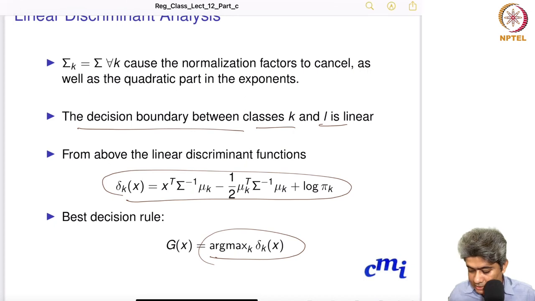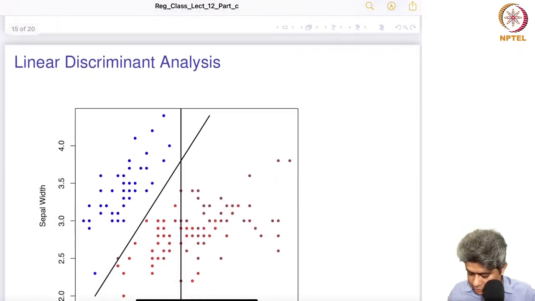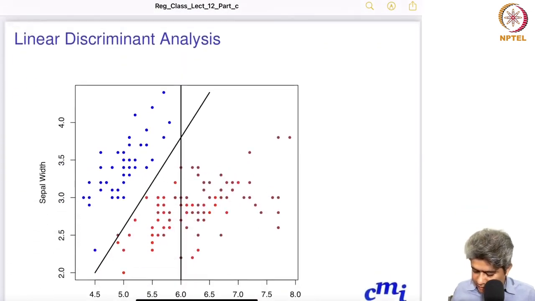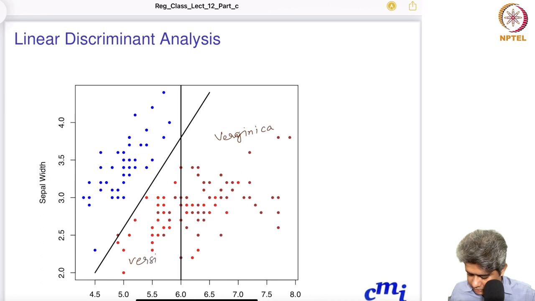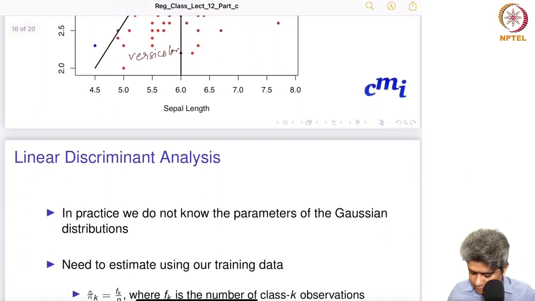So this is the best decision boundary. For this particular linear discriminant analysis, anything in this region will be classified as Virginica, this is versicolor, and this is Setosa. So that is linear discriminant analysis.